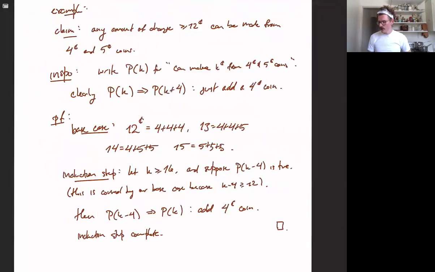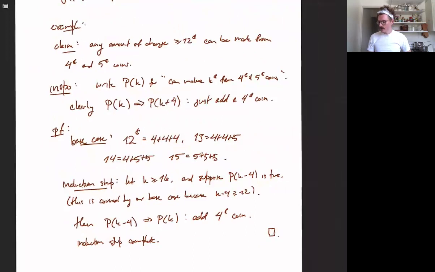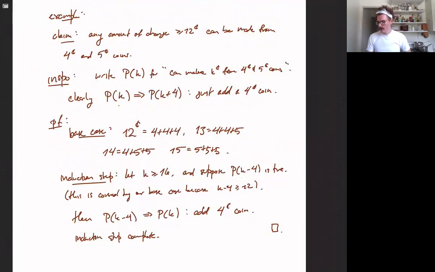So that's an example of strong induction, where instead of using P of k implies P of k plus 1, we do P of k implies P of k plus 4, just because somehow that's a little bit more convenient. And the only difference that we needed to account for was that we needed to do more base cases to get the right amount of runway for this induction to take off.